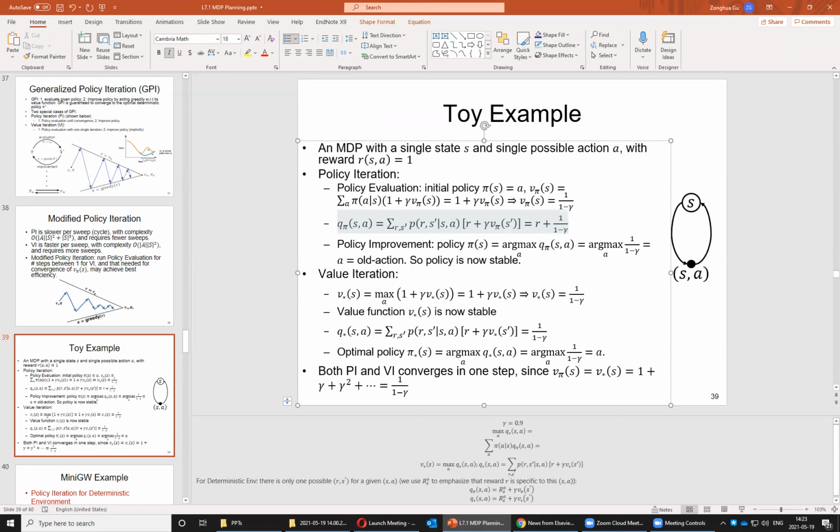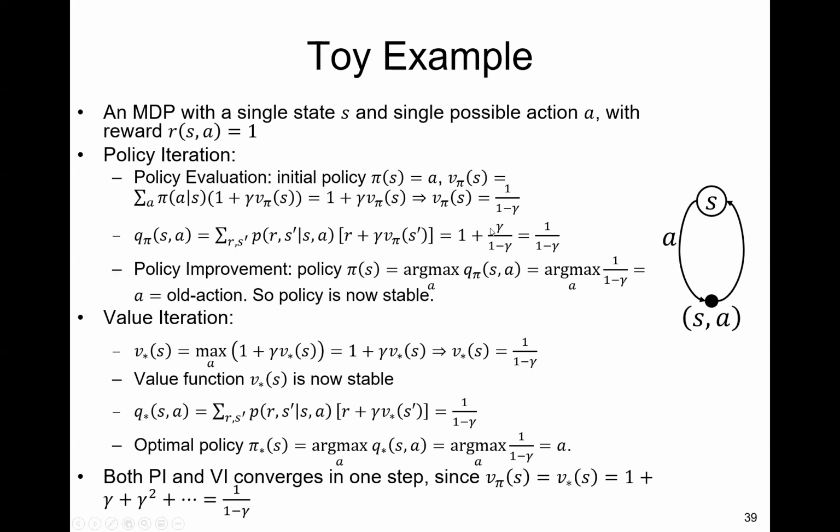R plus... the reward is 1, gamma over... there's a single action from a state.